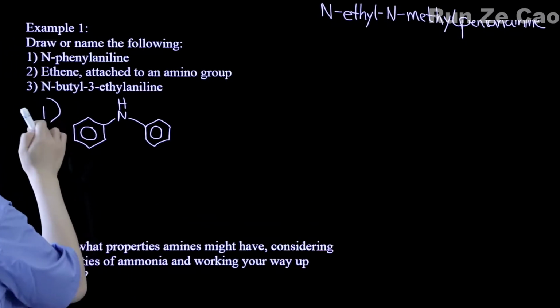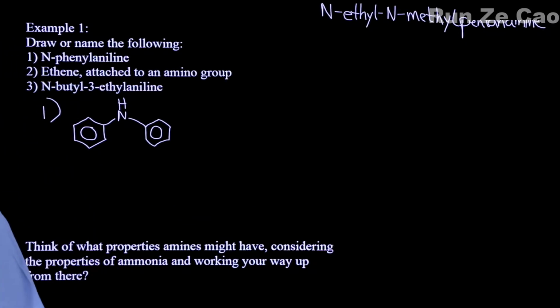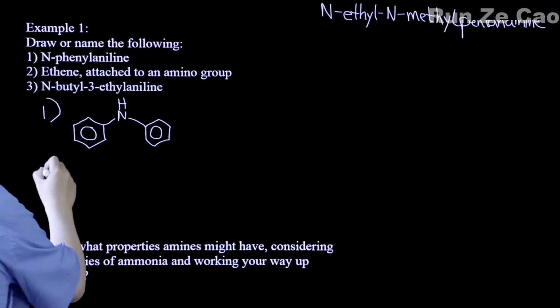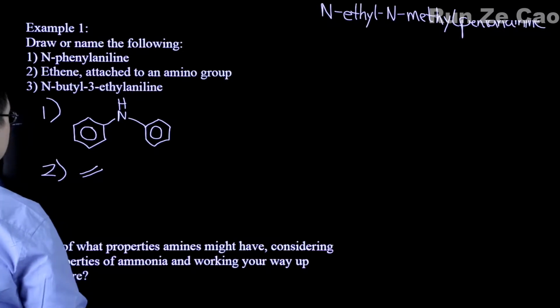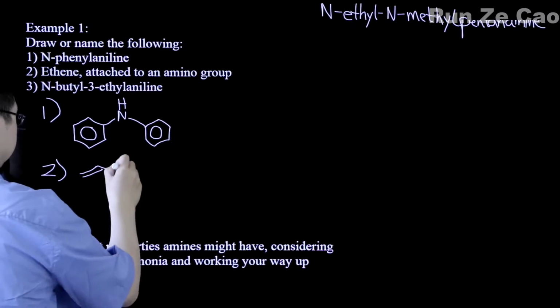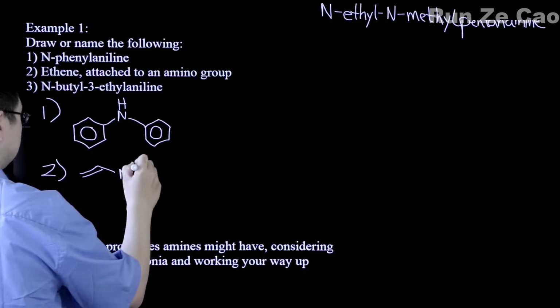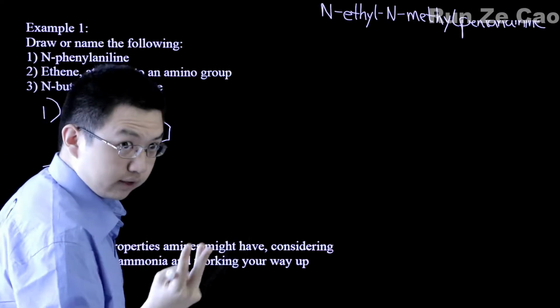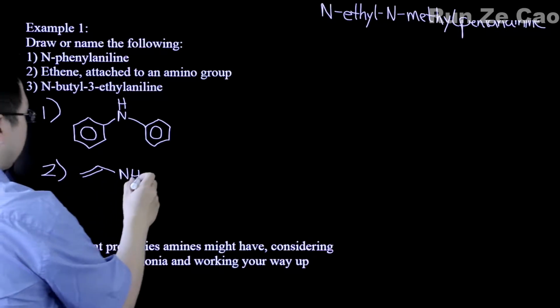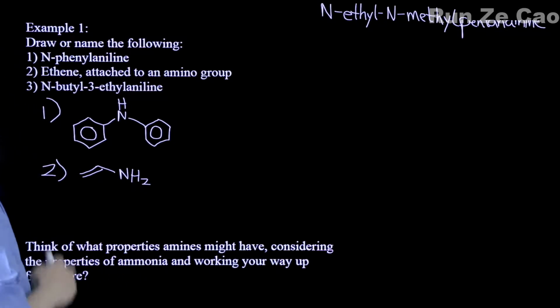So, ethene attached to an amino group. Ethene is a double bond. Attached to an amino group. NH, how many? Well, we know that ammonia is 3 hydrogens, so we replace 1, and that leaves us with 2.